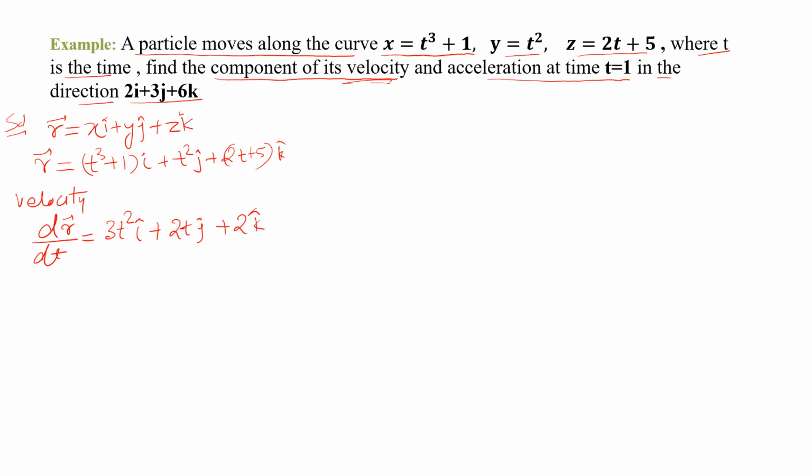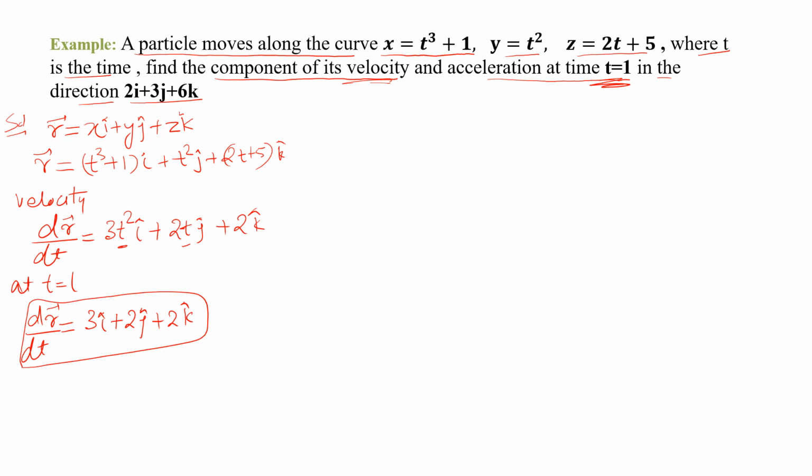Now we find the velocity at t equal to 1. At time t equal to 1, dr by dt is 3i plus 2j plus 2k. In place of t, we just substitute t equal to 1. So that is the velocity.